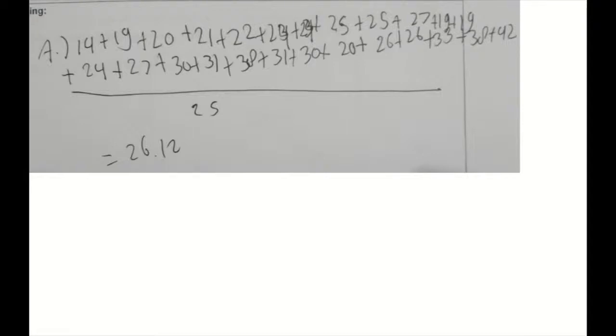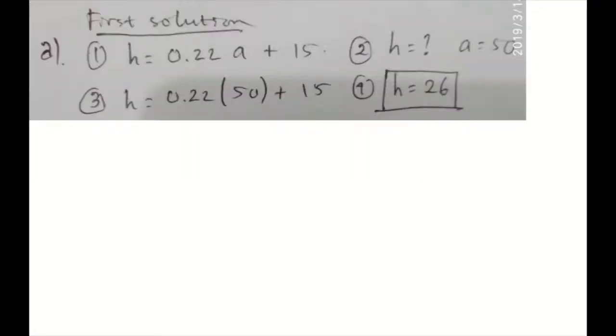It says the mean age, so if the mean age is 50, then we use that information in the equation given. In other words, we just substitute the value of 50 for A. The equation of the regression line is H equals 0.22A plus 15.